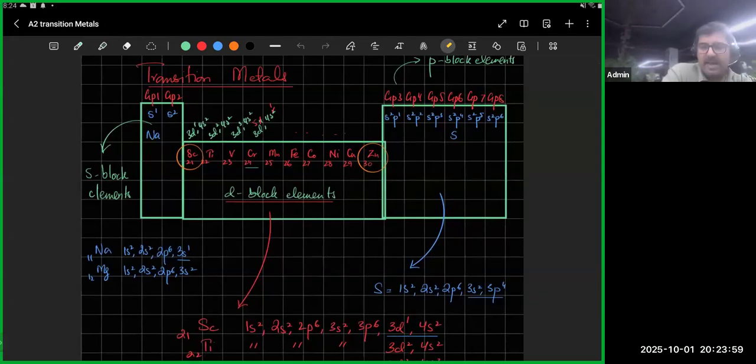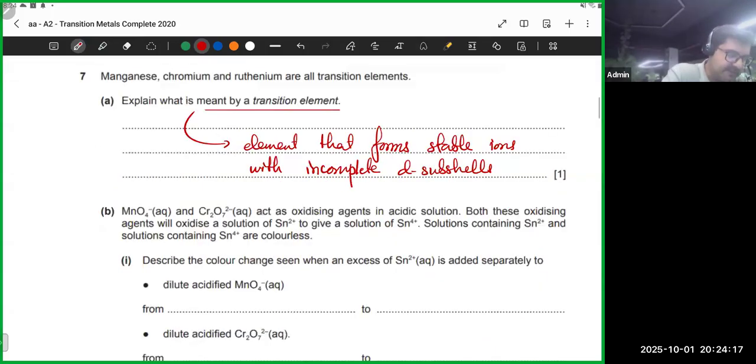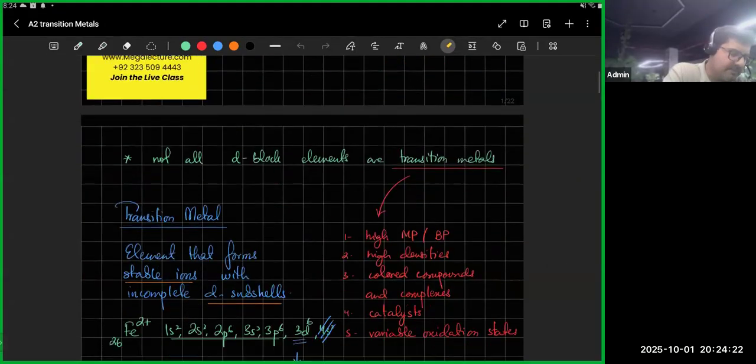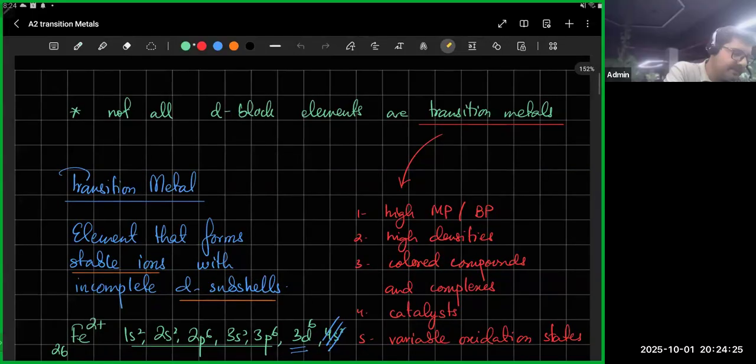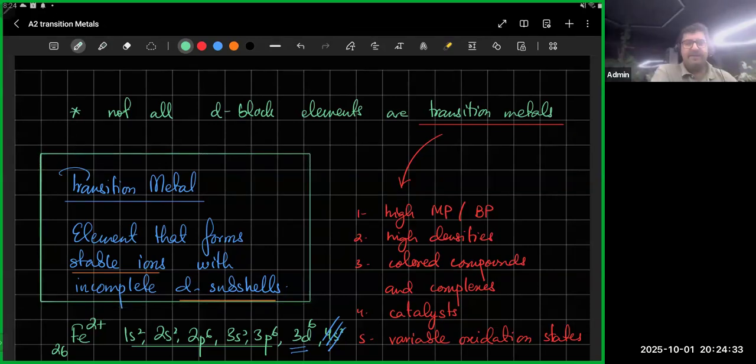The number one thing is that they have to form colored compounds, and a number of properties depend on that. So the D subshell in their ions has to be incomplete, otherwise the electrons will not go into an excited state. That is one of the main definitions. It's an element that forms stable ions having incomplete D subshells.